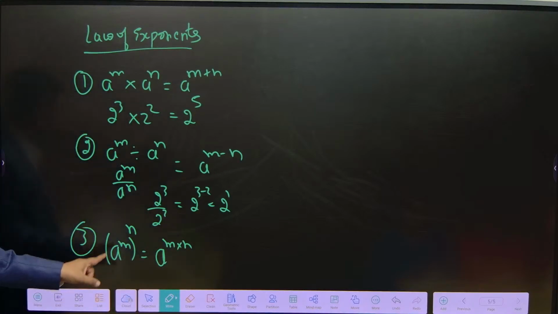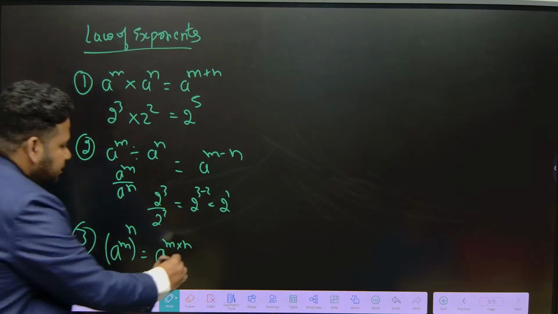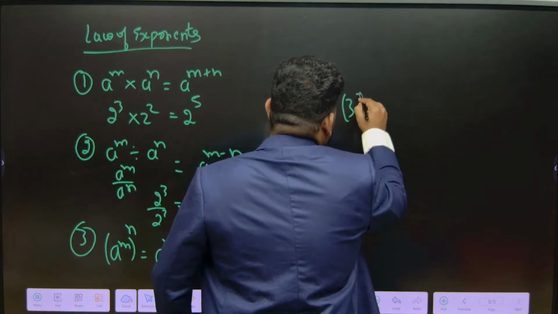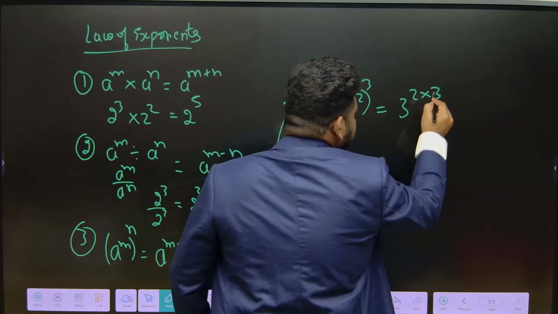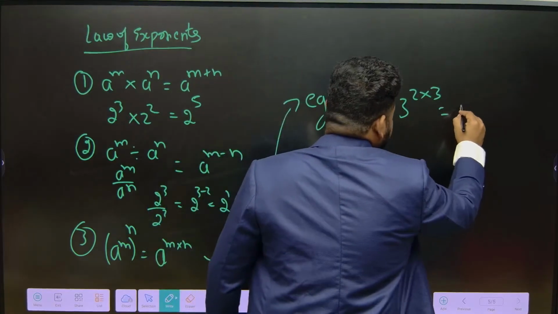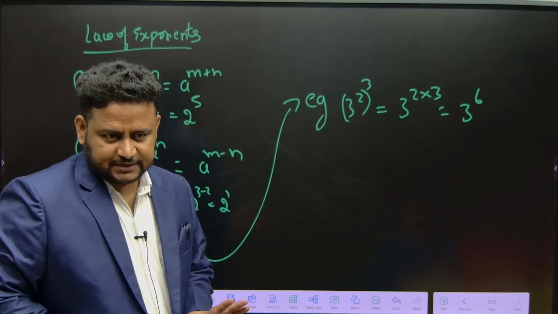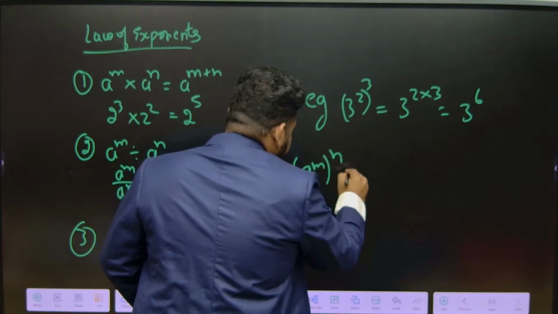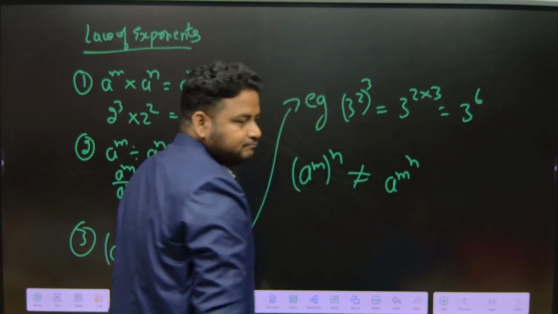For example, 3 to the power of 2, whole to the power of 3, the answer is 3 to the power of 2 into 3, which is 3 to the power of 6. Please be careful: a to the power of m, whole to the power of n, is not equal to a to the power of m to the power of n.